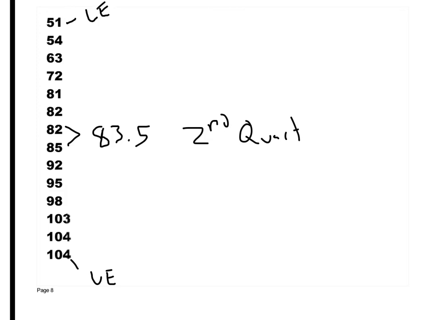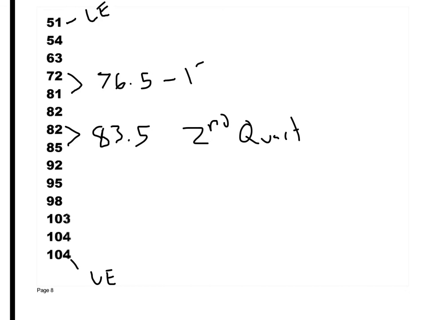Then we find the first quartile, the middle of the lower half, or the top of the smaller numbers. 1, 2, 3, 4, 5, 6, 7, 8. So my median is going to be between 72 and 81. What would that be? 76.5.